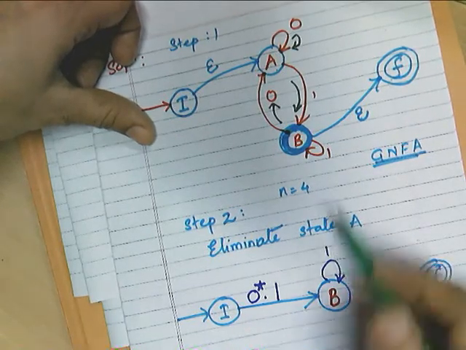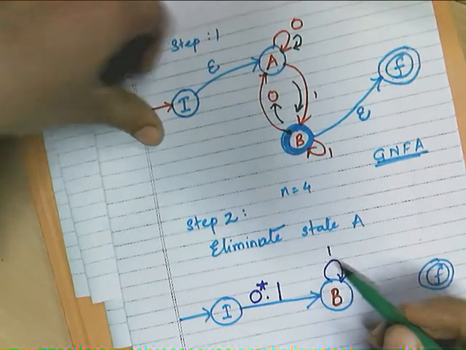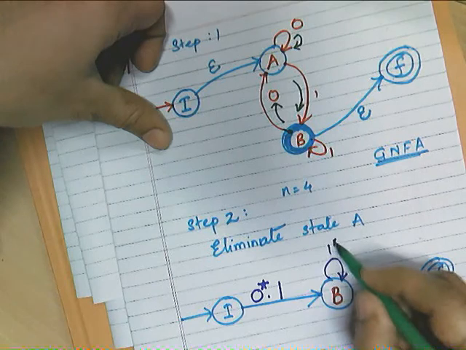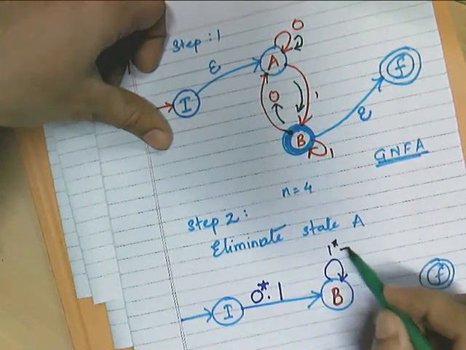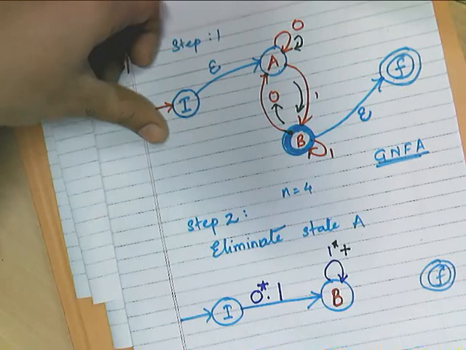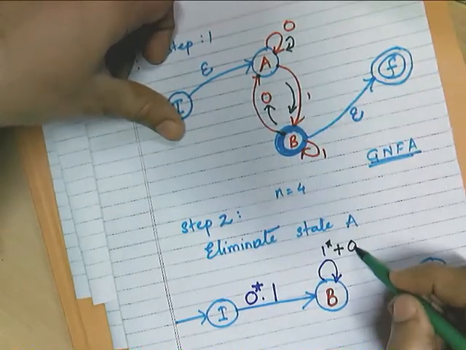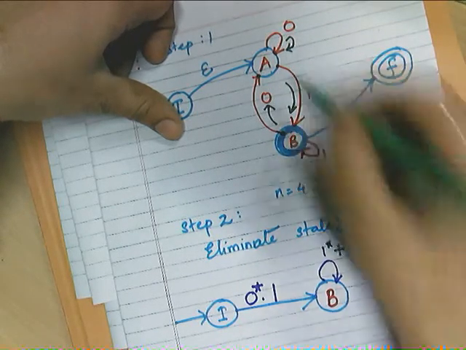I can reach either with the 1 star, or, when there is an or, I should write plus, 0 dot 0 star and this 1.